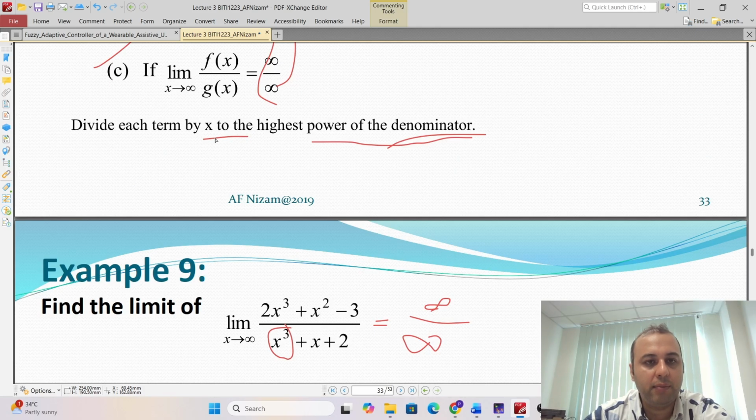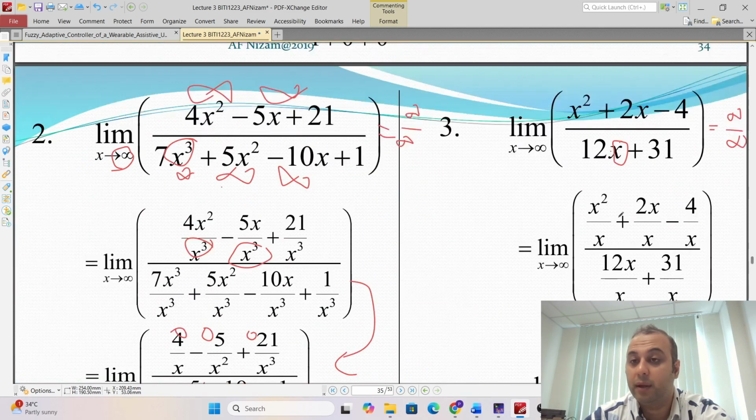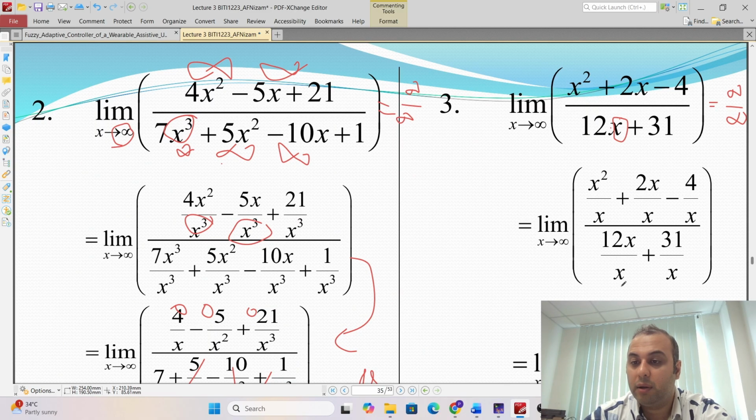Divide each term by x to the highest power of the denominator. The denominator is the downside, difficult to pronounce for me. So x is the highest power. Okay, x^2 over x, each term you divide by x.